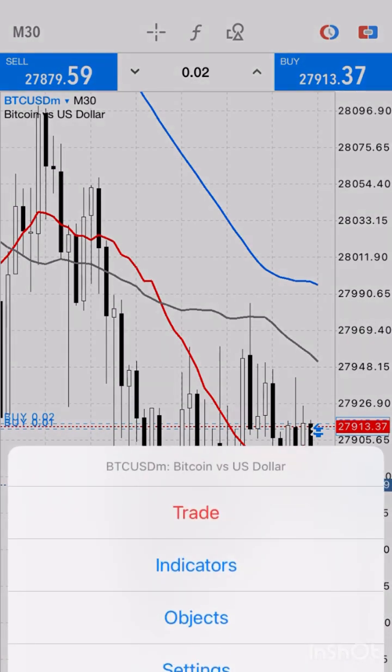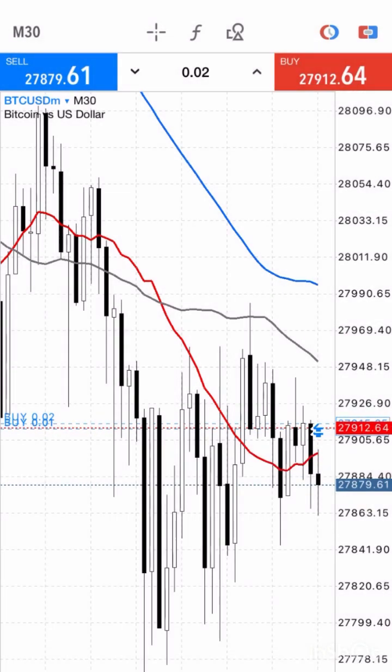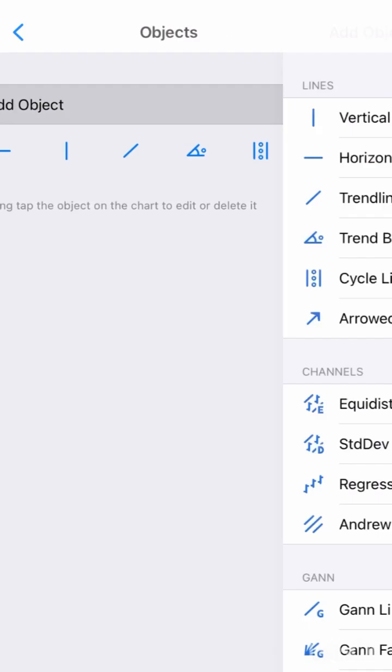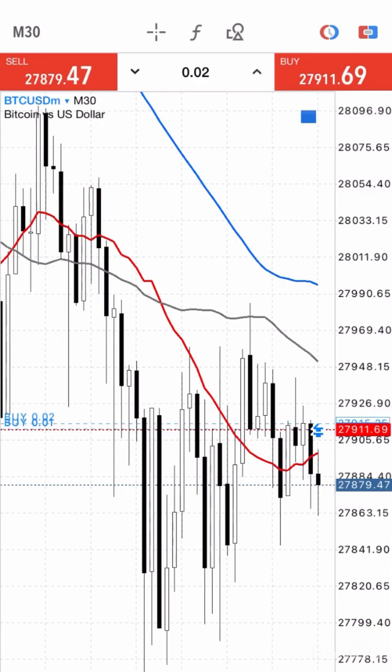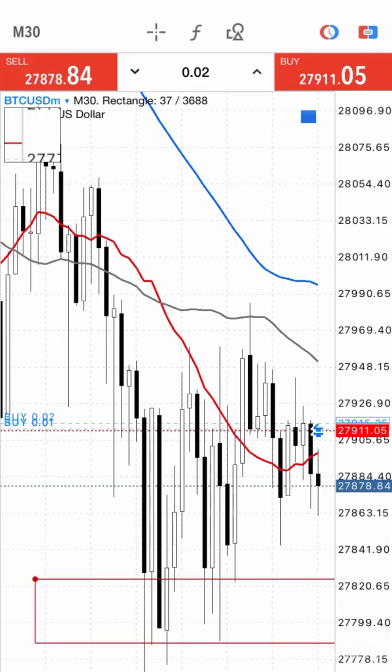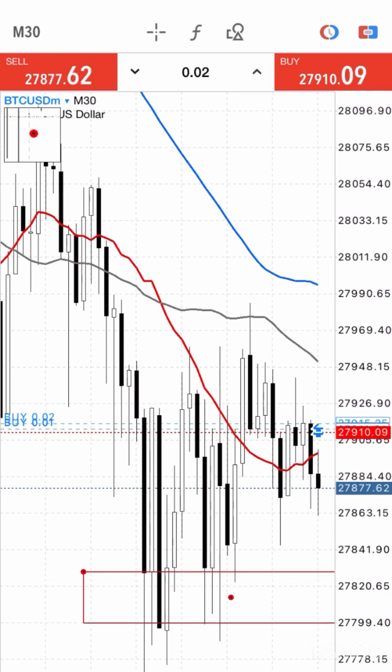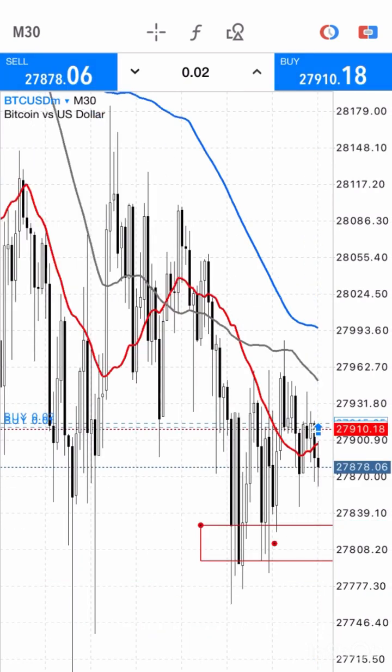So actually, you know what? Let me make it a rectangle to show the buying zone. Make it a rectangle to show it's a buying zone there.